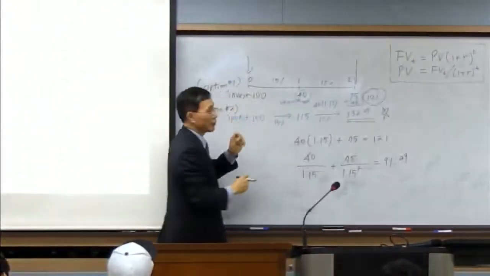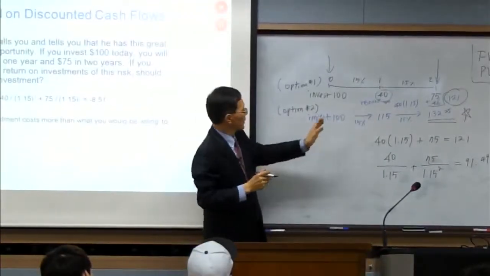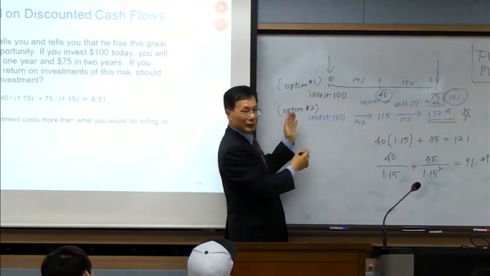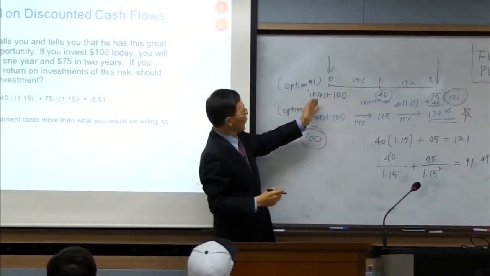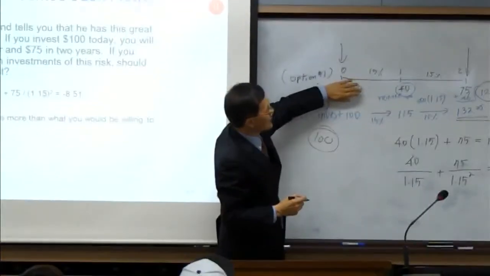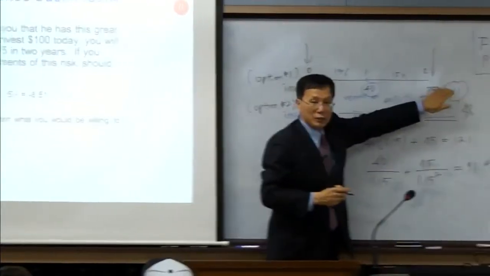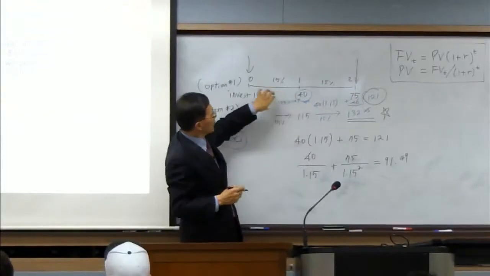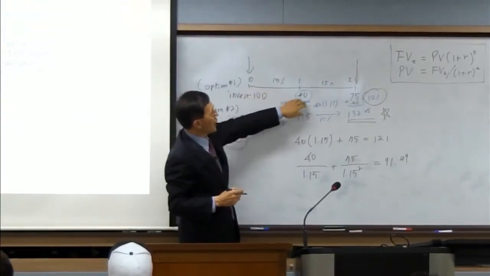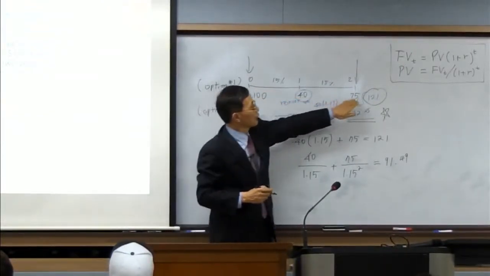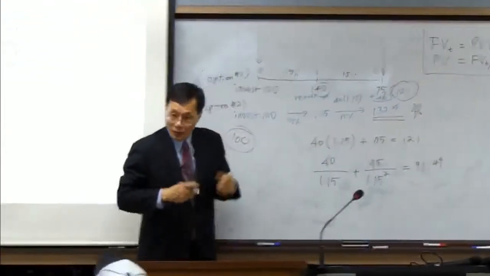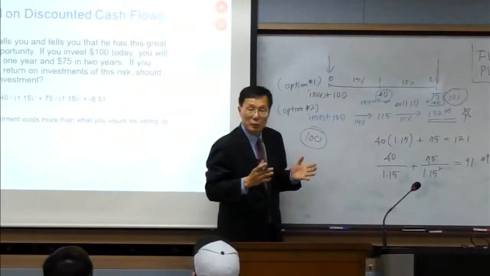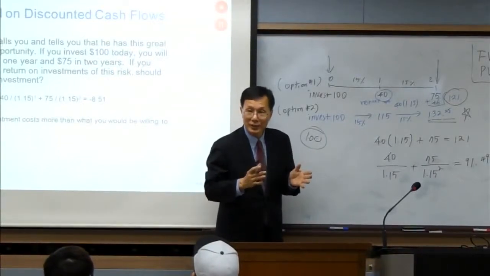As of time 0, you compared 2 options. One is do nothing and keep your 100, or investing something to get this cash flow. All you need to invest to get this cash flow, 40 and 75, what you need is 91.49 instead of 100.